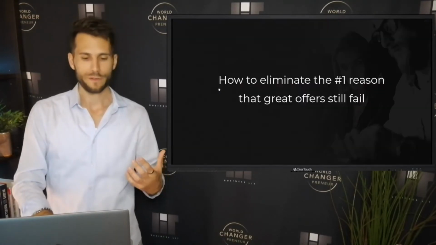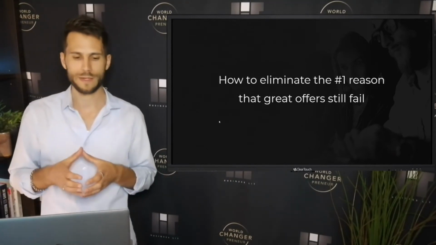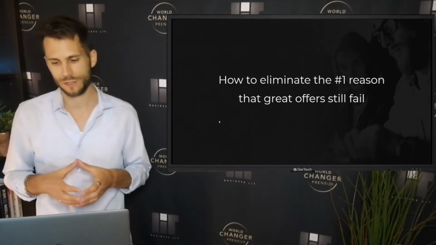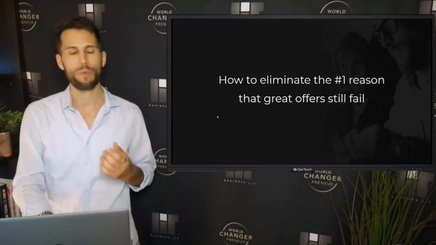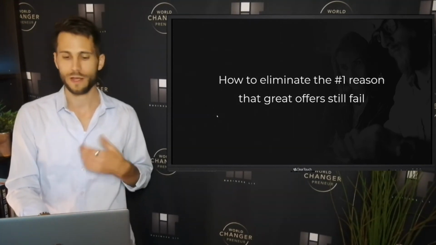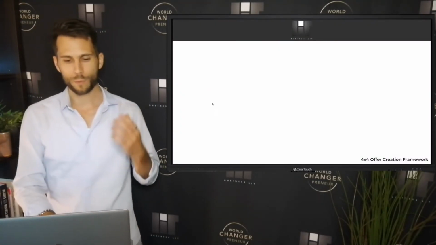Now you have a great offer and you have great packaging. I want to talk about one of the number one reasons that these offers are still often failing. This is one of my favorite things to look at and optimize, because a lot of people just overlook it.